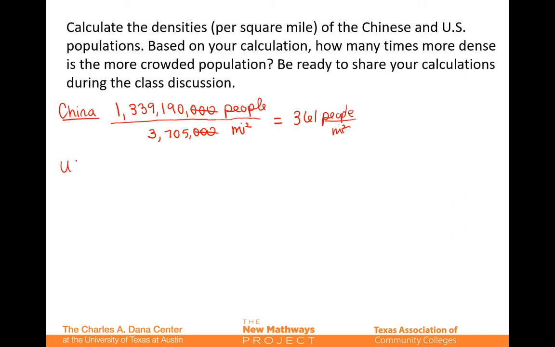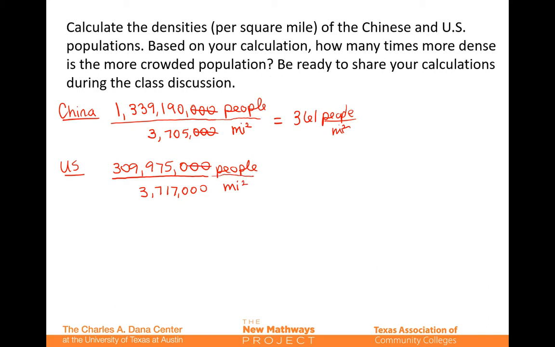Now, when we do the U.S., its population was 309,975,000, and its area was 3,717,000 square miles.